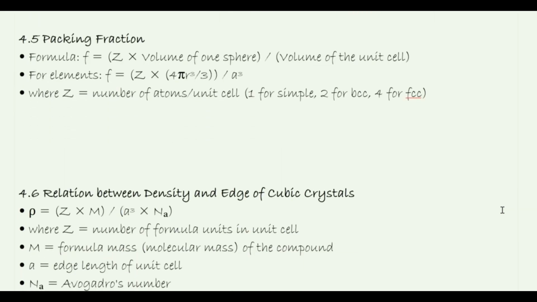Okay, these are the important formulas to calculate the packing fraction. Here Z refers to the number of atoms per unit cell. We know that it is 1 for the simple, 2 for body centered, and 4 for face centered. We calculated it before.